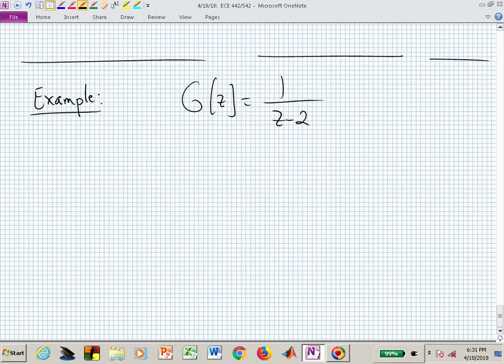Suppose we had this plant and somebody says, let's control it with a PI controller. What's C of Z structurally? What's the controller structure? I'm going to use beta for the second example, and now we have Z minus 1.